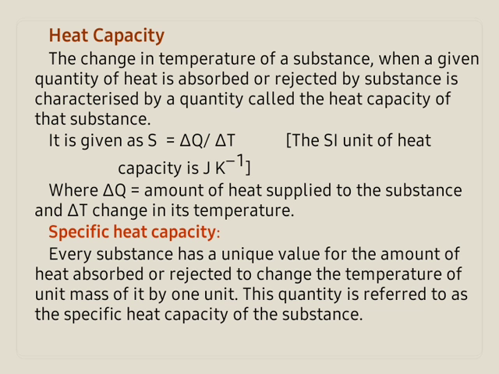The amount of heat energy absorbed or given off by unit mass of a substance divided by the change in its temperature is called its specific heat capacity. So, specific heat capacities of different substances are quite different.